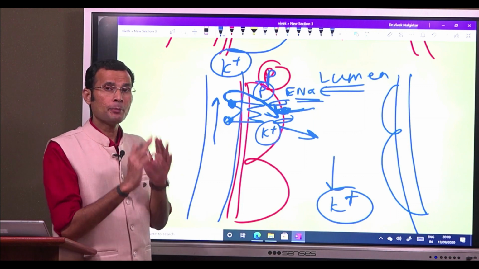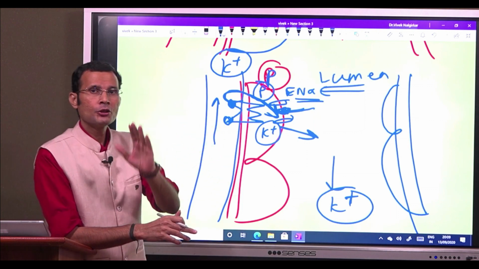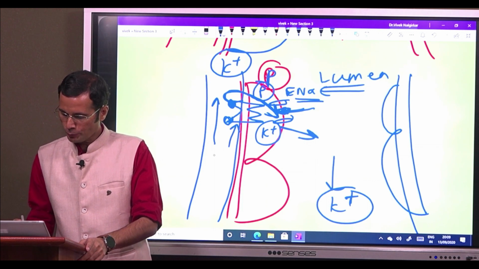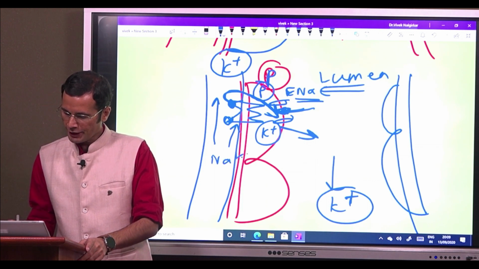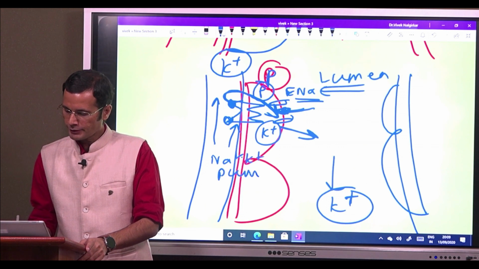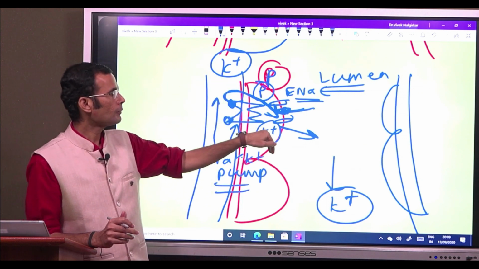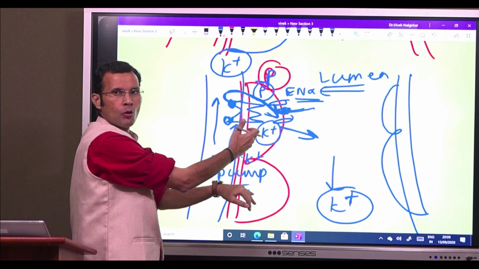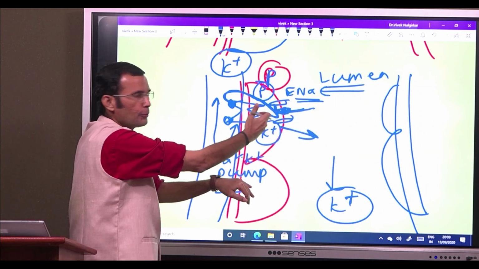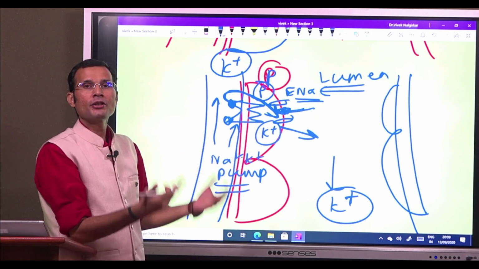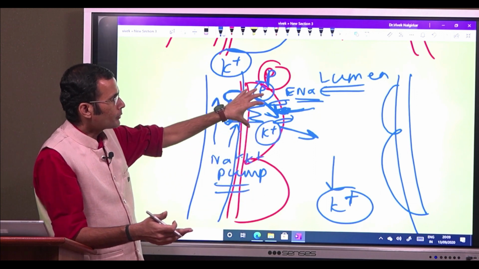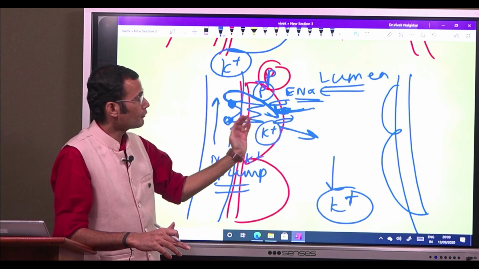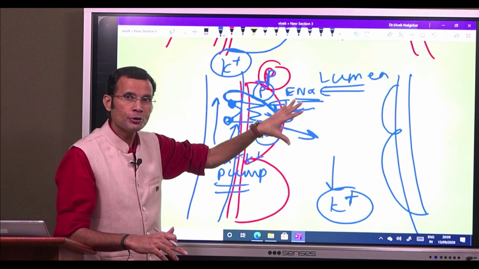So remember, hyperkalemia does 2 things. It increases the activity of the sodium potassium pump. This is the sodium potassium pump. Activity increased. That means more potassium coming into the principal cell, and plus because sodium is coming in more from the lumen, from the tubular fluids, there is more electrochemical driving force for potassium to be secreted, to diffuse out of the cell, coming into the lumen, into the tubular fluids.